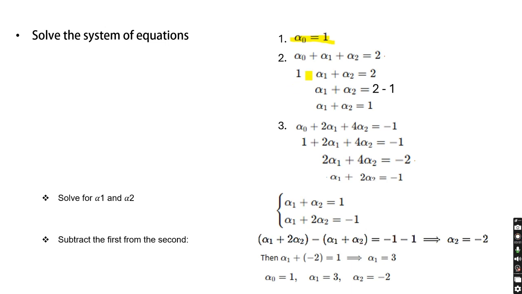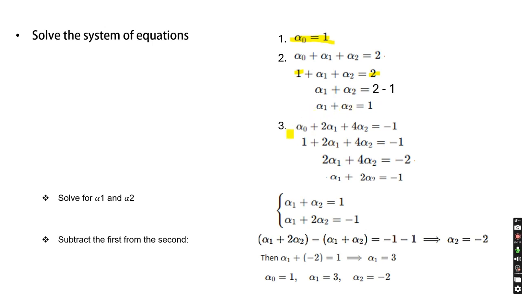So, we have the value of a0, which is 1, plus a1 plus a2 is equal to 2. And then a1 plus a2 is equal to 2 minus 1, because again, we will combine the same terms. So, a1 plus a2 is equal to 1.